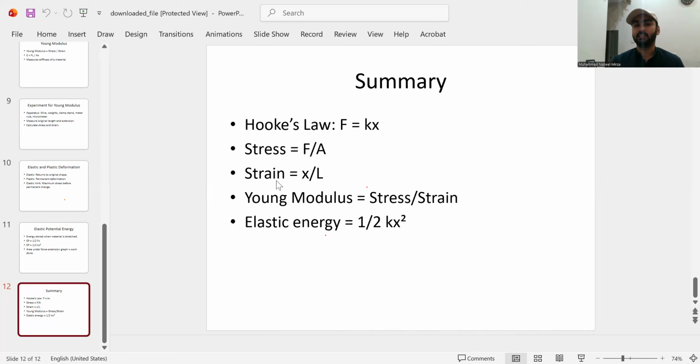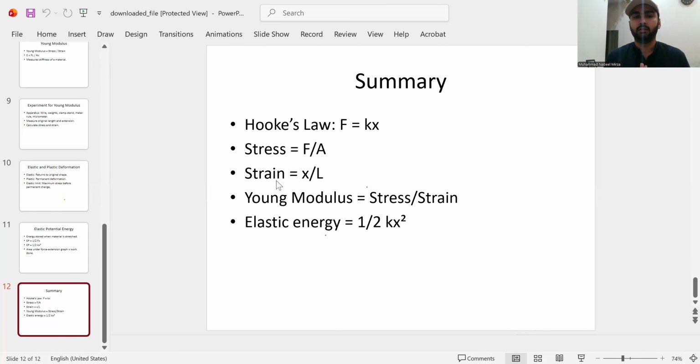After the change, we find the ratio between the change in length and its original length. This ratio is called the strain. Strain is equal to the change after the applied force divided by its original length.